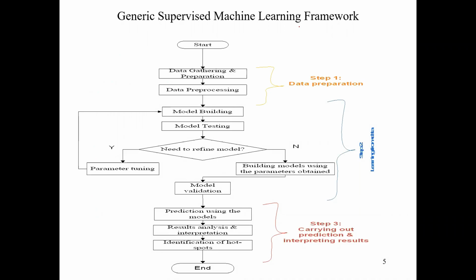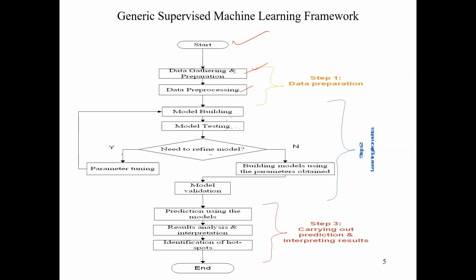Okay, you start here, you gather the data, and then data gathering and preparation combined, data preprocessing, and then you go to model building, then check the model if it's okay. Is there any need for refinement?